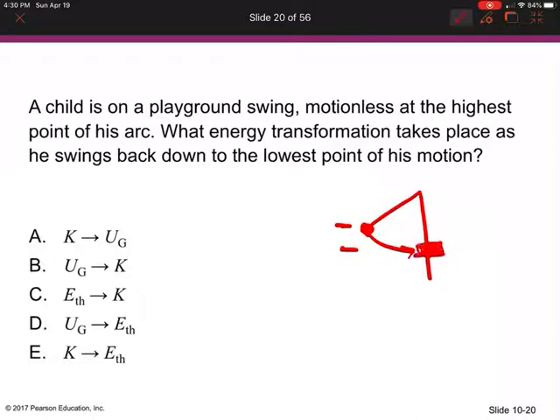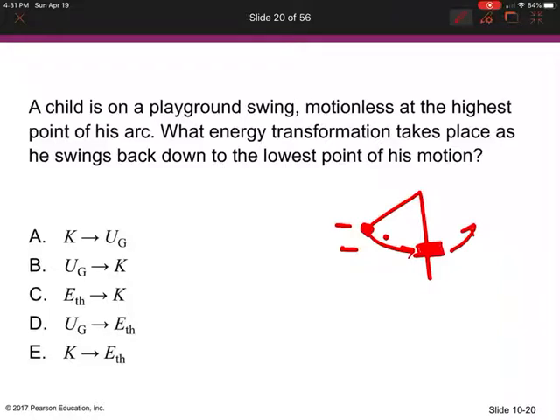So at this point right here, not that the swing stays there, it'll keep going this way. But at this point right here, does it have any potential energy? No, it does not. What about thermal energy? At this point, could it have any kind of friction involved? Well, it might not have kinetic friction.